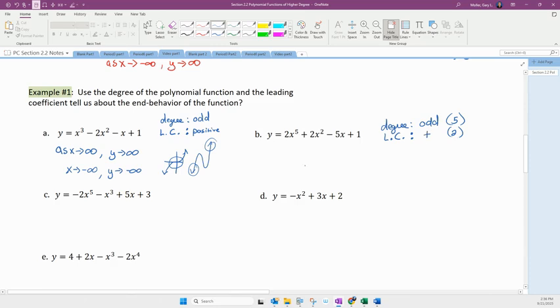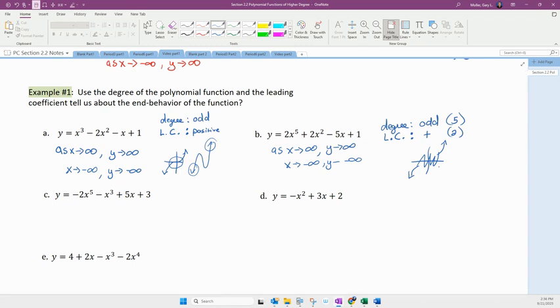So this one's going to be exact same answer as before. As x goes to infinity, y goes to infinity. So I'm going up to the right. And as x goes to negative infinity, y is going down. No idea what's going on in the middle, but eventually I know it's going up and down.